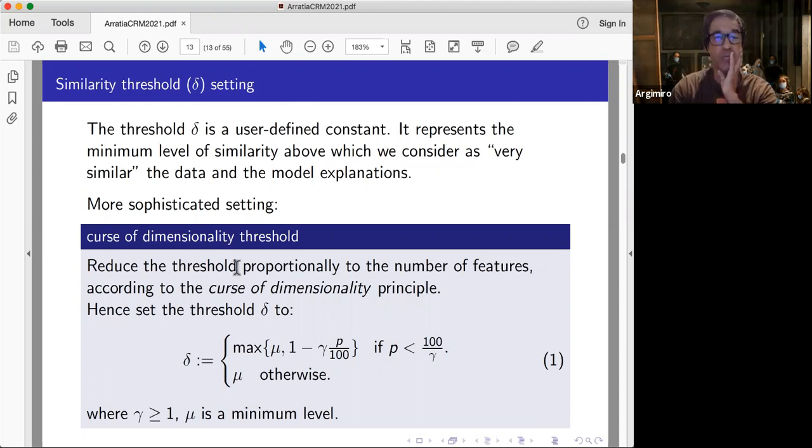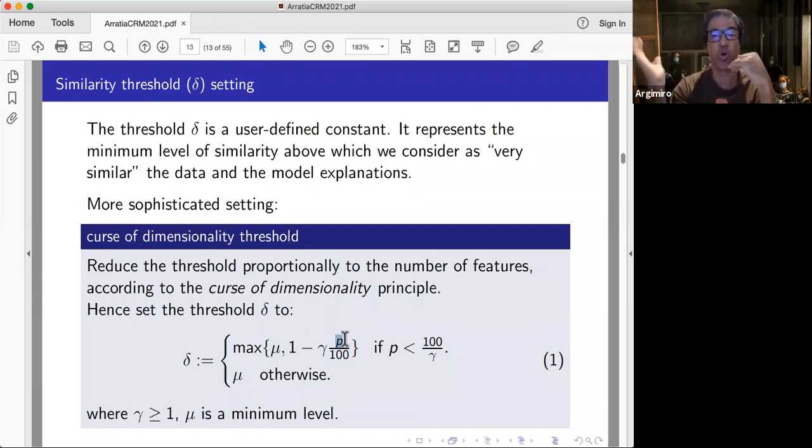With that in mind, we set our threshold delta to some minimum level. You can set your minimum level, say 0.7, right? And then take the max between that minimum level and 1 minus gamma p over 100, by considering this idea of controlling, where p, remember, is the number of features. So it's a number that is related to the number of features.